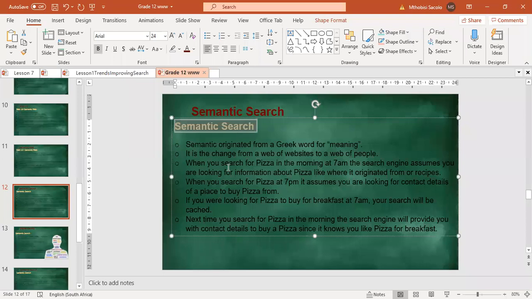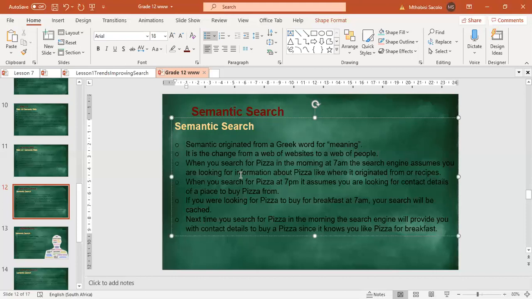Semantic search, in simple words, is the ability of the search engine, for example Google is a search engine, Yahoo is a search engine, Bing is a search engine, to consider the intent and the contextual factors when serving the user with the information that they are searching for. So now it is the web of people.